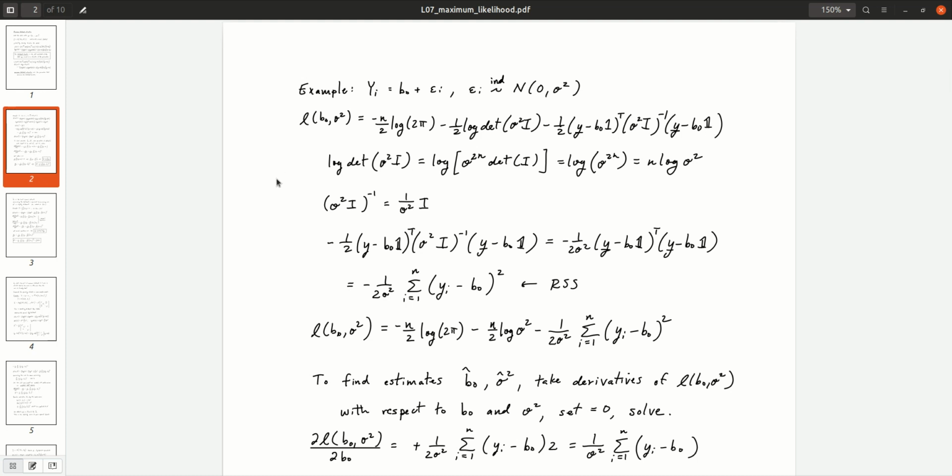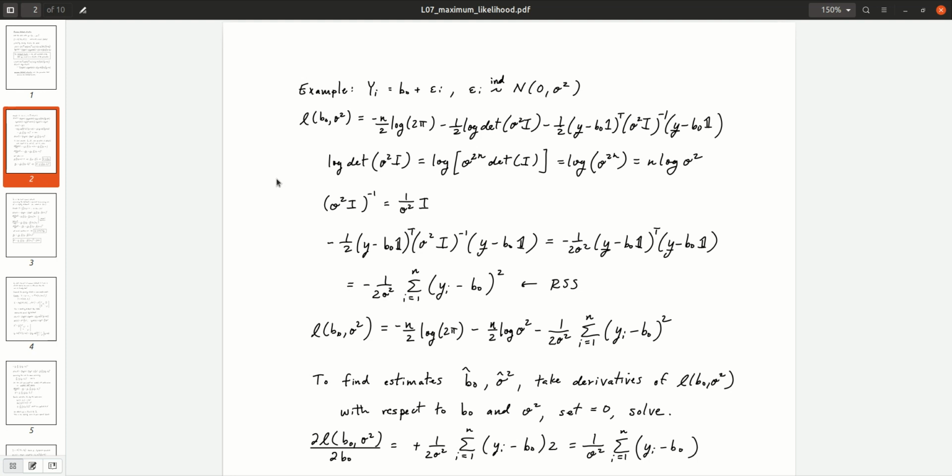Now, one fact about the log determinant. If you have the determinant of a scalar times a matrix, the determinant of that product is the scalar to the power of the number of rows in the matrix times the determinant of the matrix.